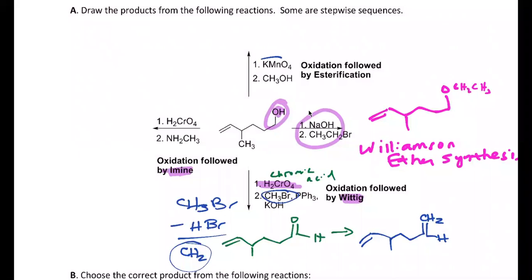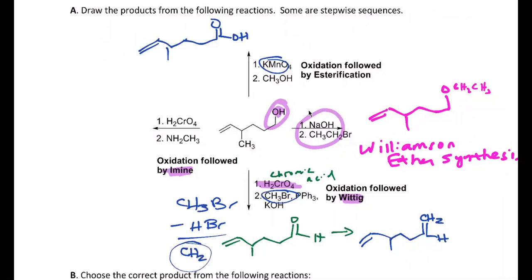Potassium permanganate, we talked about this Wednesday. It's like a superoxidant. So you've got a primary alcohol. The potassium permanganate is going to take that all the way up to the carboxylic acid. It's not going to stop at the aldehyde or the ketone.